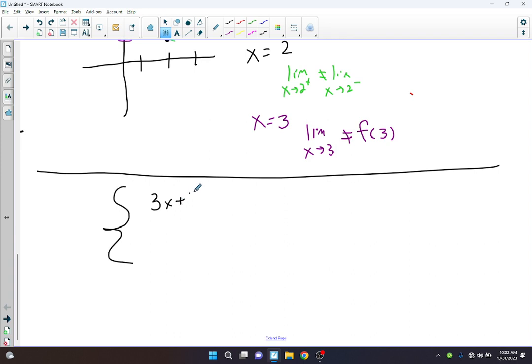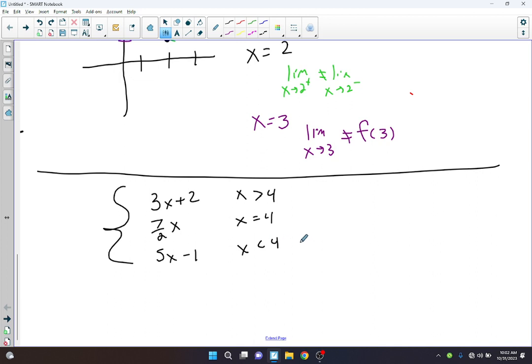So 3x plus 2 when x is greater than 4, 7 over 2x when x is equal to 4, and 5x minus 1 when x is less than 4, okay?